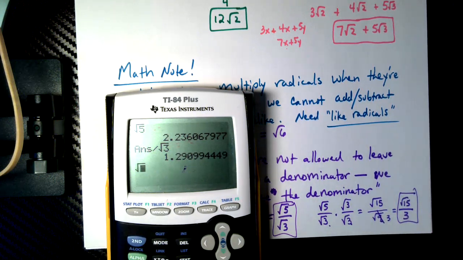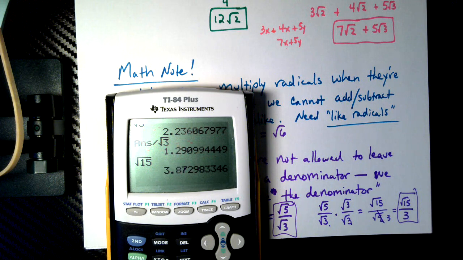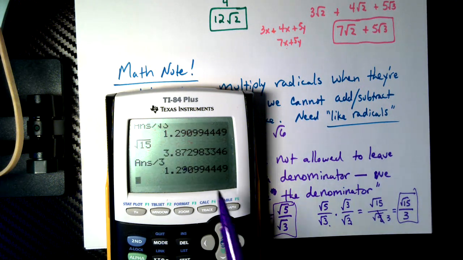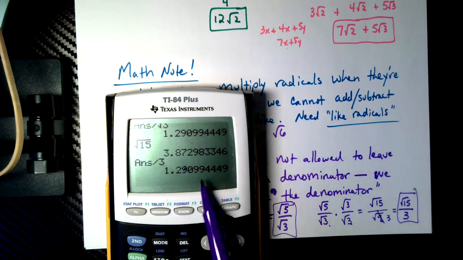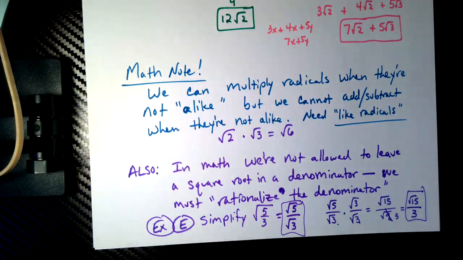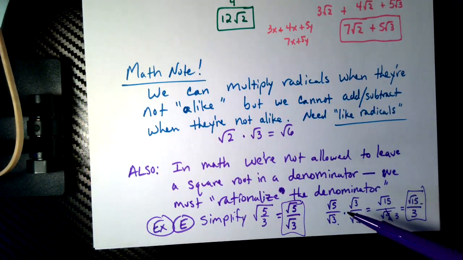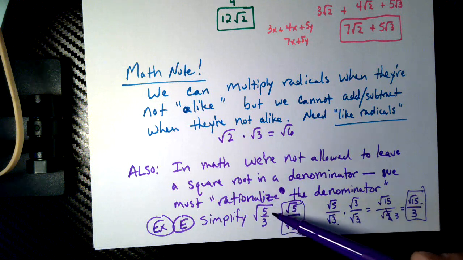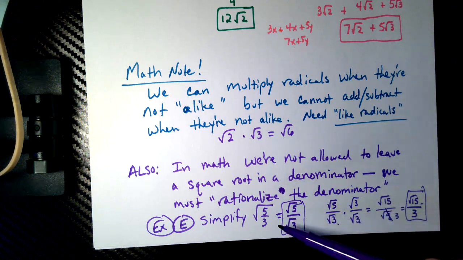If I go square root 15, get an answer, and then divide that by 3, I get the same decimal as up above. They're the exact same value, just a different look. This is a rationalized denominator. Anytime we put answers down, we can't leave a fraction inside, or a square root on the denominator. Then you have to rationalize it. If you have this or this, you must rationalize the denominator.